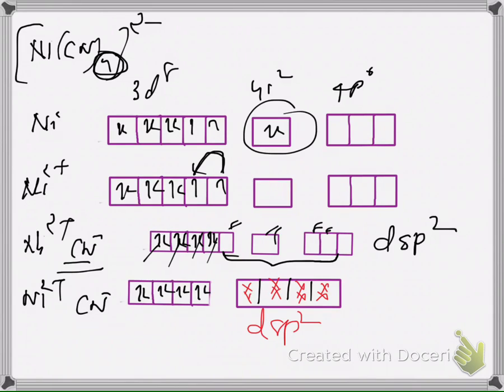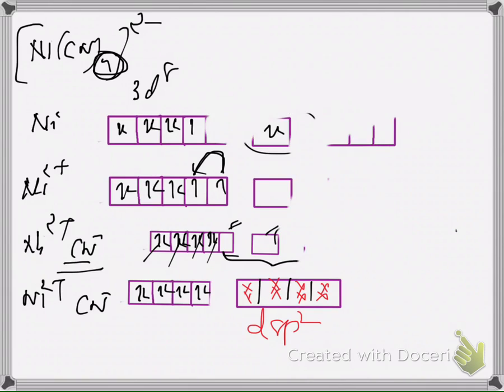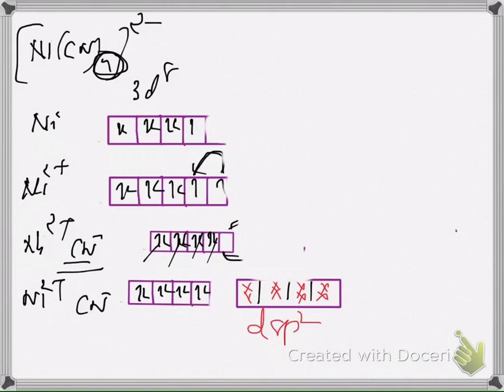But here there is no confusion. You have only one possibility of hybridization, dsp2. There is no choice of sp2d. So you don't want to say it is an inner d complex. You just draw the shape. Since hybridization is dsp2, the shape is square planar.